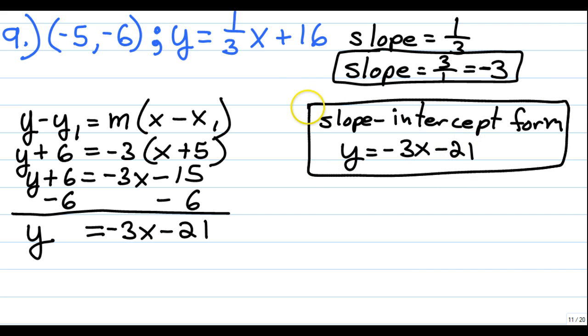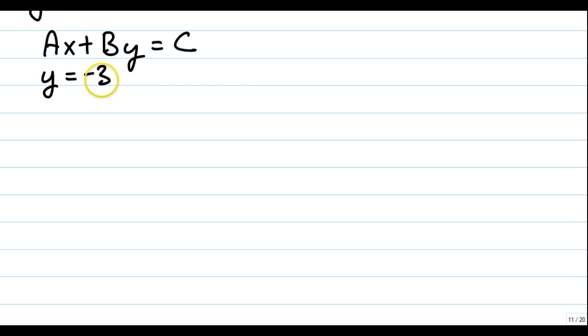So we've answered one part of the question above. Next, we need to take this slope-intercept form and put it into the standard form. Standard form is ax plus by equals c. So our problem we found to be y equals negative 3x minus 21. This is our slope-intercept form, and we're going to put it into the standard form.